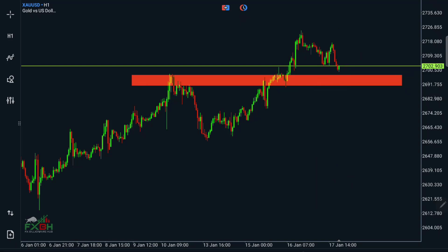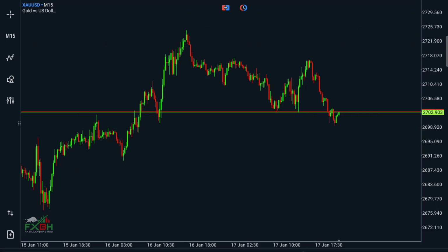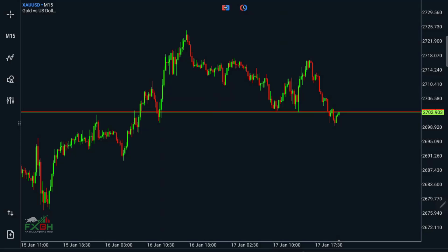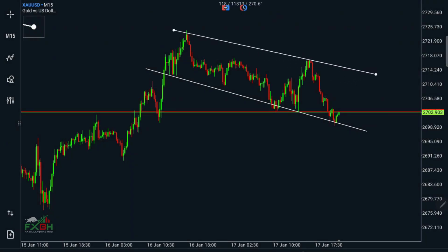If you are looking for a smaller time frame like M15, as we trade for scalping, as you can see there, if we make a channel over here like that, it is just trying to go up and down, and again buy from that area.